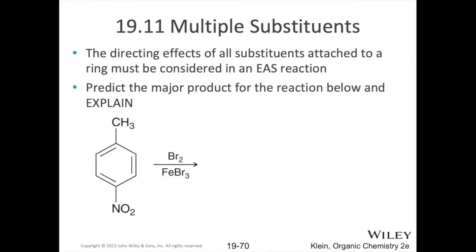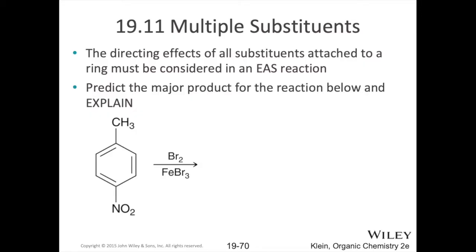All right, so now we've seen how one substituent directs a second substituent coming in. What do you do if you have two substituents on your benzene ring? How do you determine which one takes priority in determining the addition of the incoming third substituent? So look at this example here.